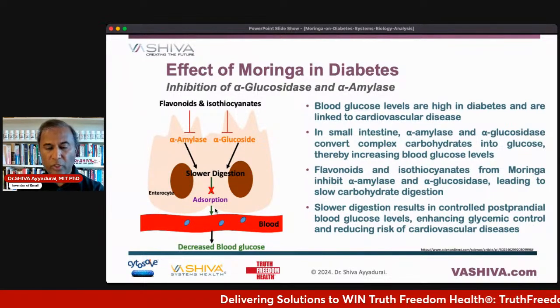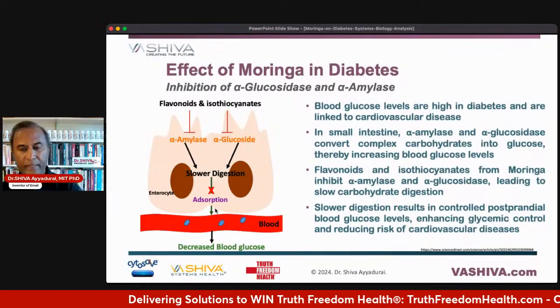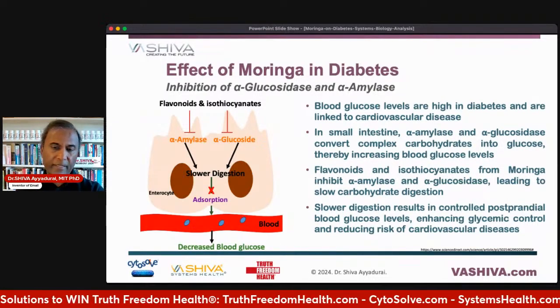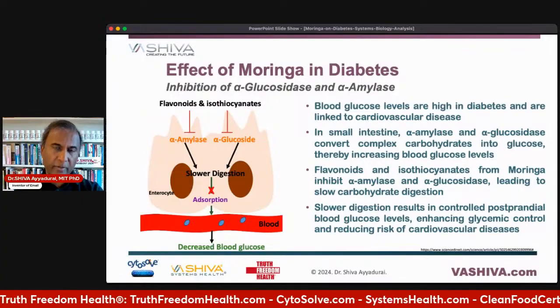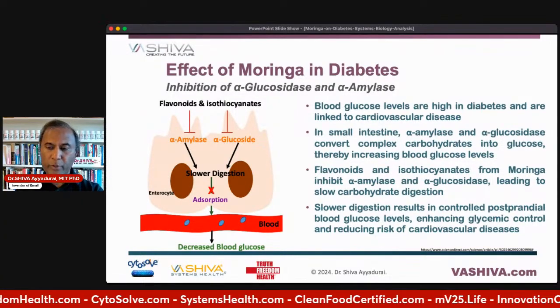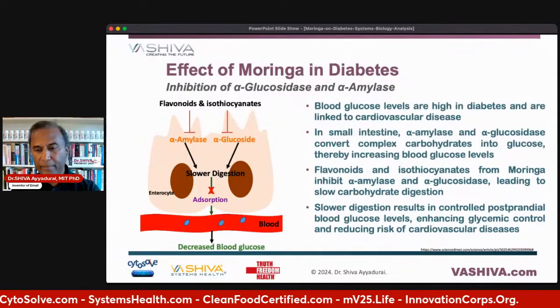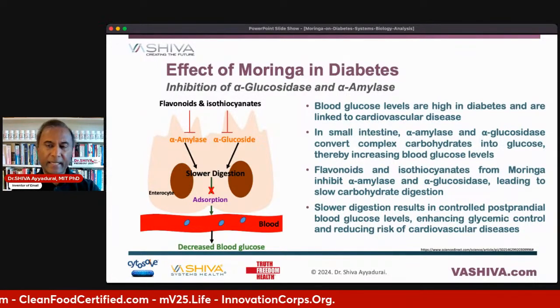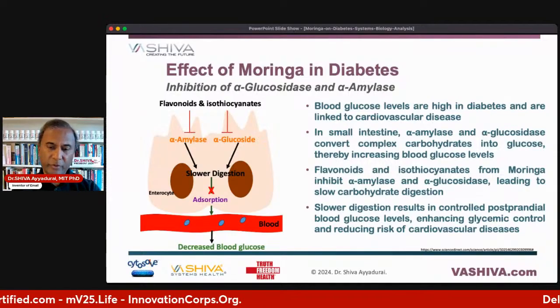So you're slowing down the absorption. The slower digestion results in controlled, what's known as postprandial blood glucose levels, and this enhances the glycemic control and reduces risk of cardiovascular disease.